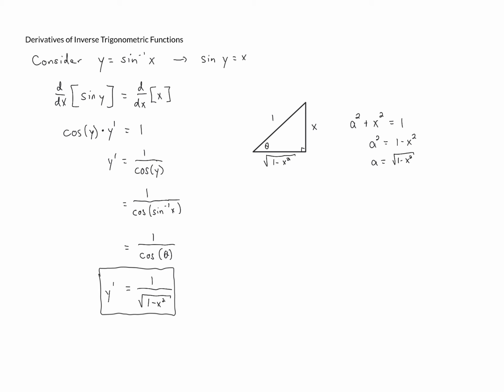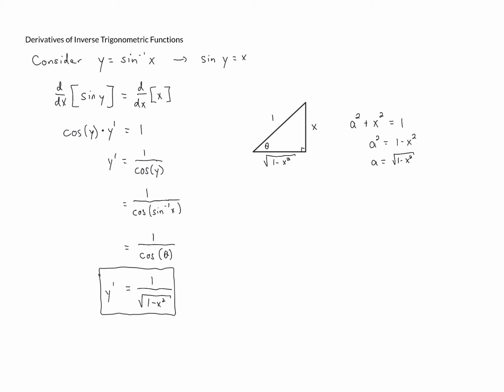It's actually really fascinating. When we had regular trigonometric functions and we took the derivatives, we got trigonometric functions. When we have polynomials and we take the derivative, we end up with polynomials. When we have exponential functions and we take the derivative, we end up with exponential functions. But when we have inverse trigonometric functions and we take the derivatives, we're going to end up with these interesting algebraic functions with x's and squares and square roots and whatnot.